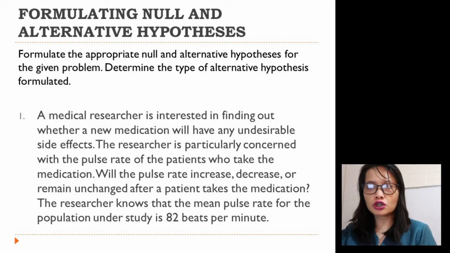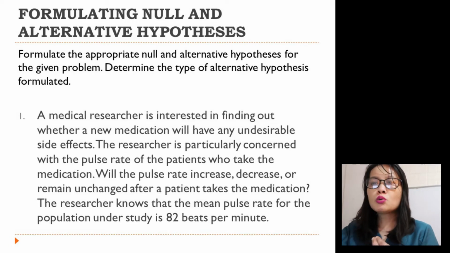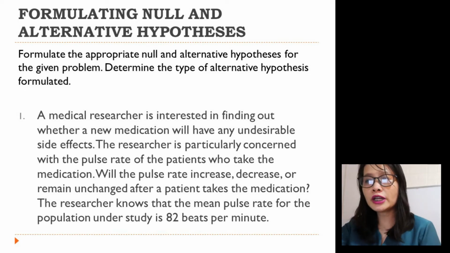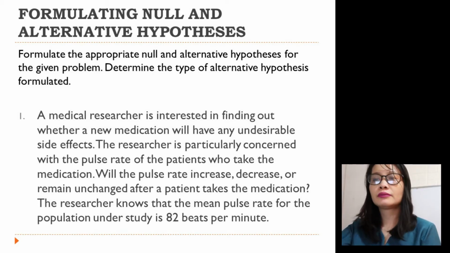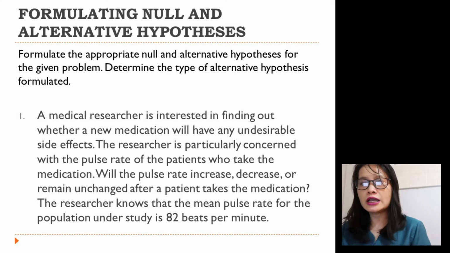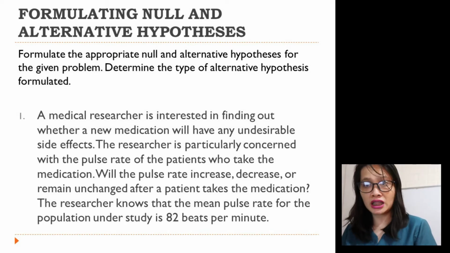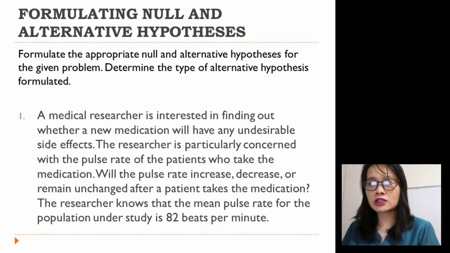The researcher is particularly concerned with the pulse rate of the patients who take the medication. Will the pulse rate increase, decrease, or remain unchanged after a patient takes the medication? The researcher knows that the mean pulse rate for the population under the study is 82 beats per minute.